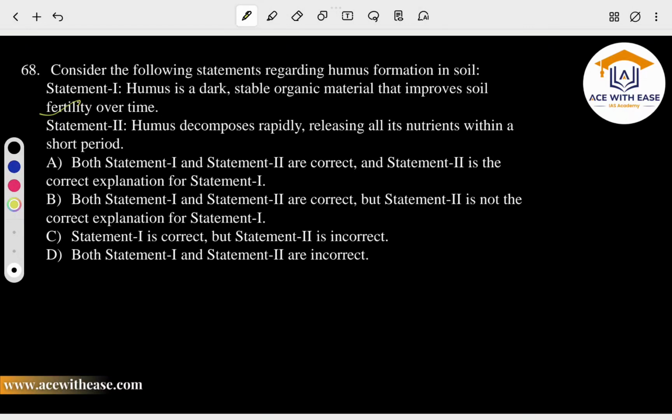Second statement, humus decomposes rapidly, releasing all its nutrients within a short period of time. Wrong. We are telling that it is stable. Humus actually decomposes very slowly, releasing the nutrients gradually over a period of time for long-term fertility. So statement 1 is correct, whereas statement 2 is incorrect.